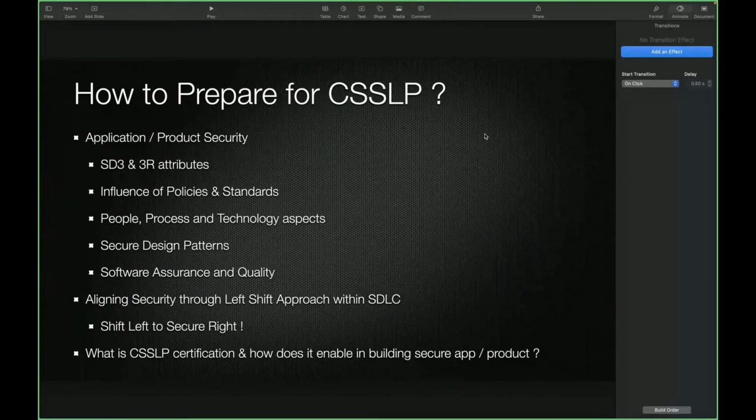So policy acts as an instrument where it can enforce such requirements. Of course, it has to be driven by the top management, with the support from the top management or the senior management in any organization. Okay.